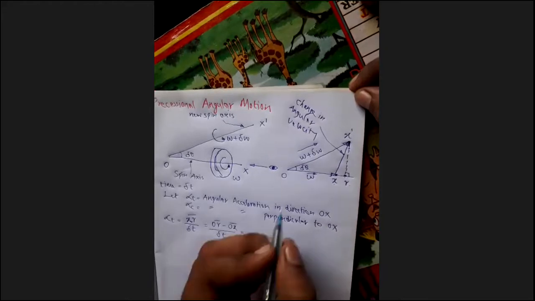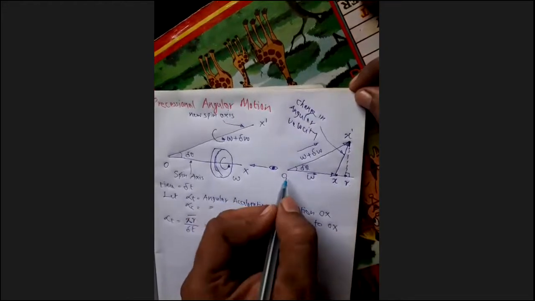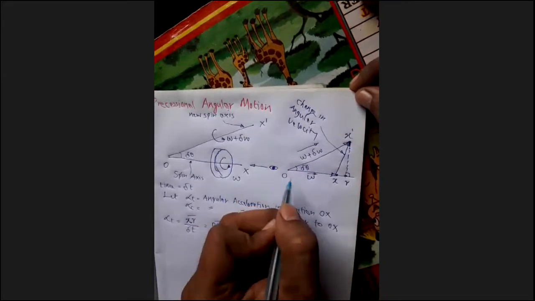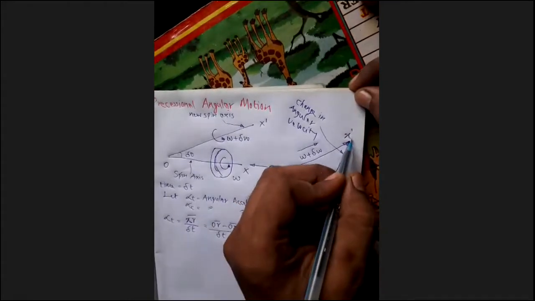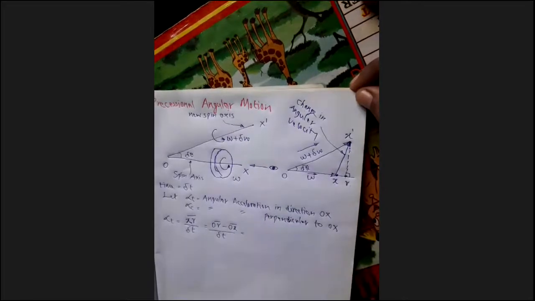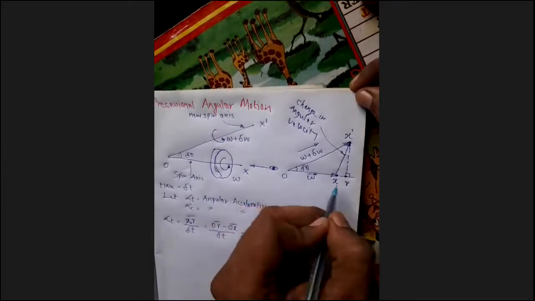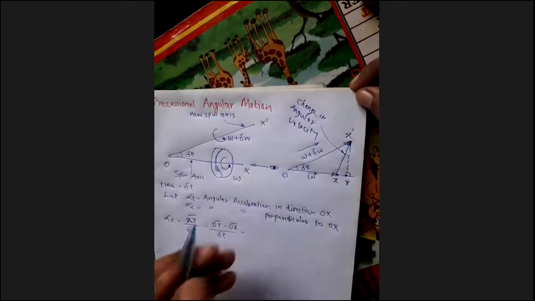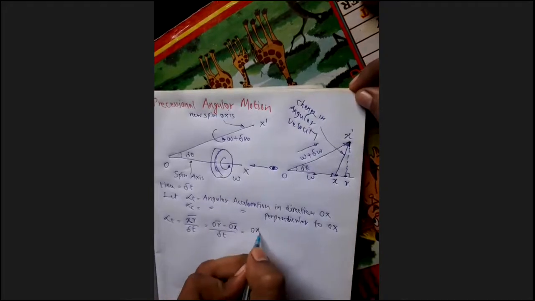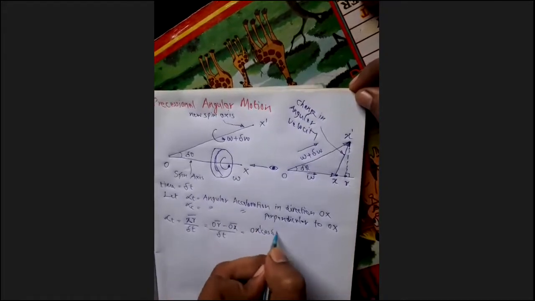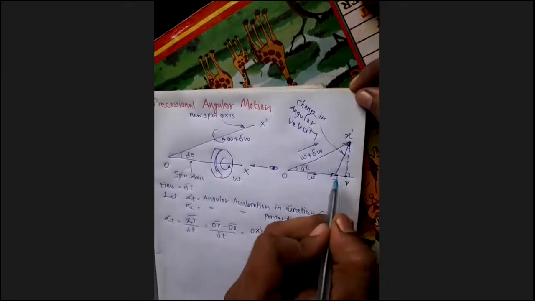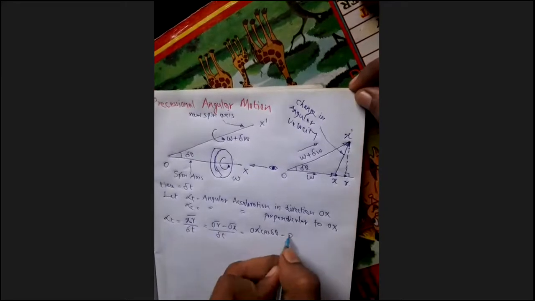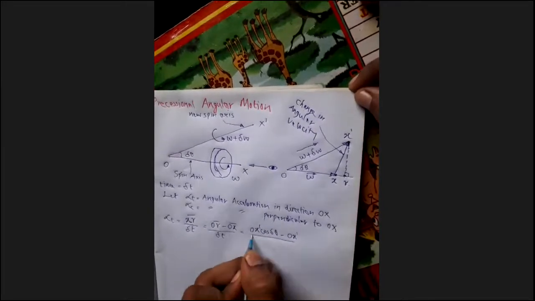Now you see, if you consider the triangle ORX dash, vector OR is nothing but the cosine component of vector OX dash. So I can write this as OX dash cos delta theta, because OR is the cosine component of OX dash, minus OX, on delta t.